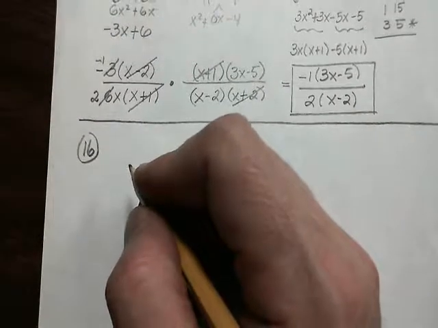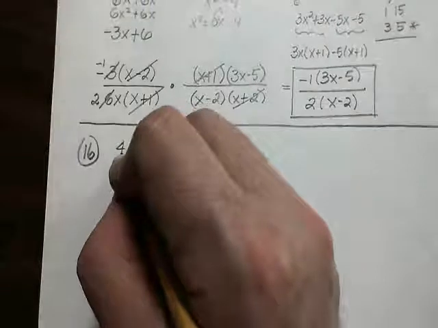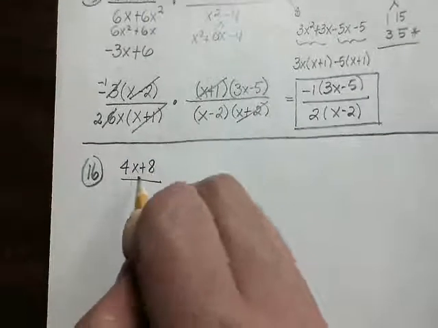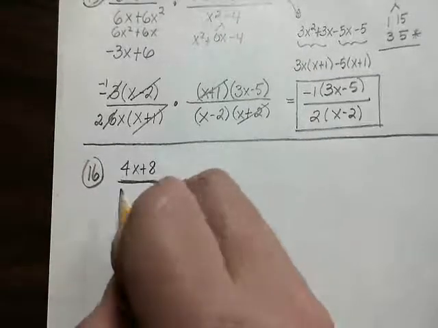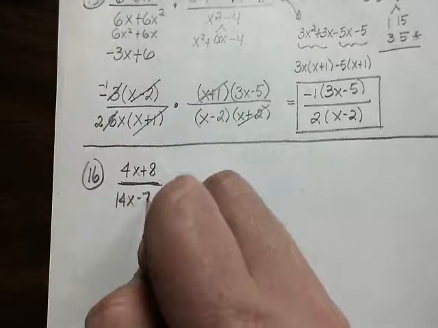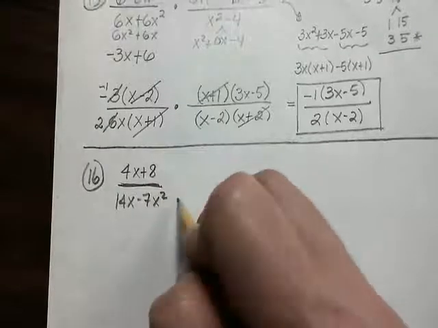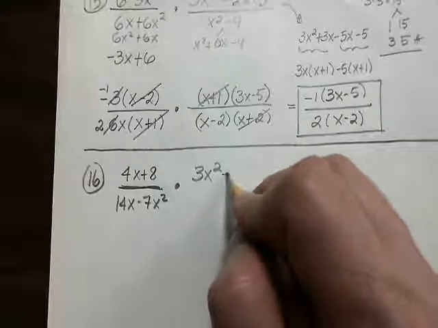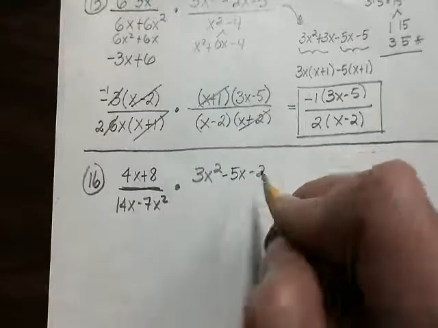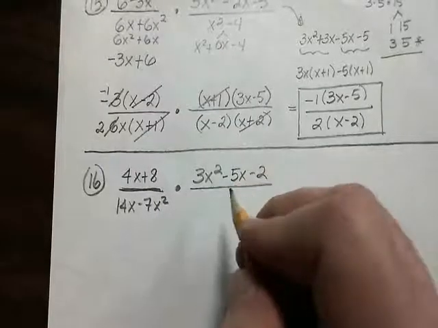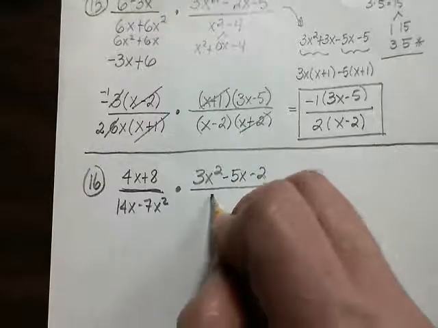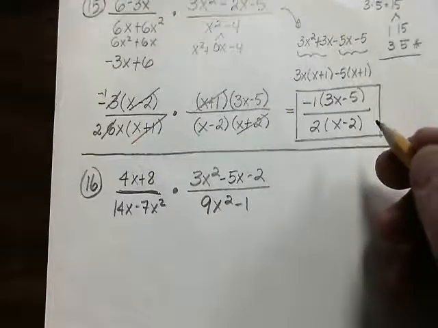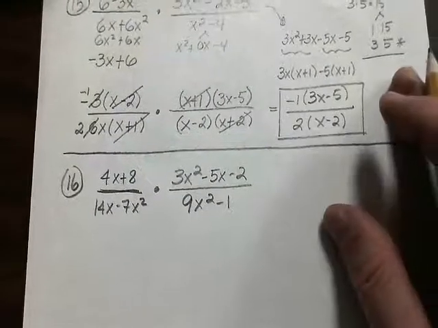Problem number 16 will be (4x plus 8) over (14x minus 7x squared), times (3x squared minus 5x minus 2) over (9x squared minus 1). Alright.